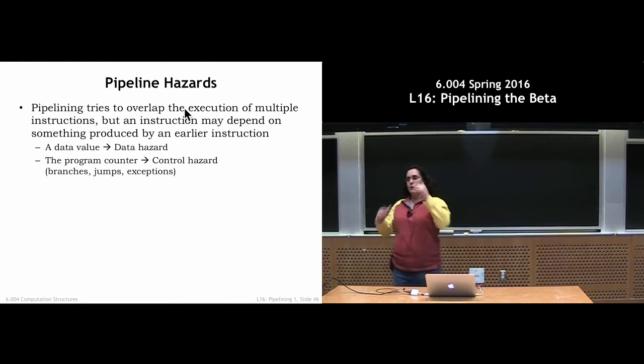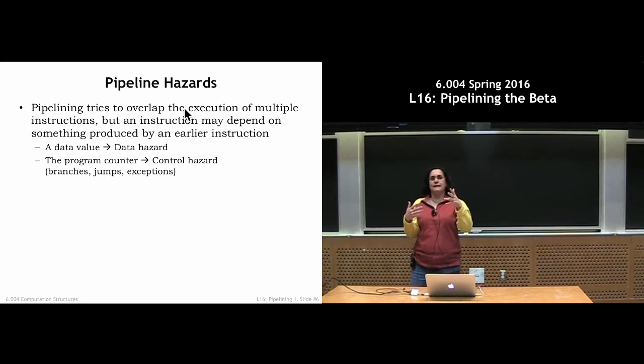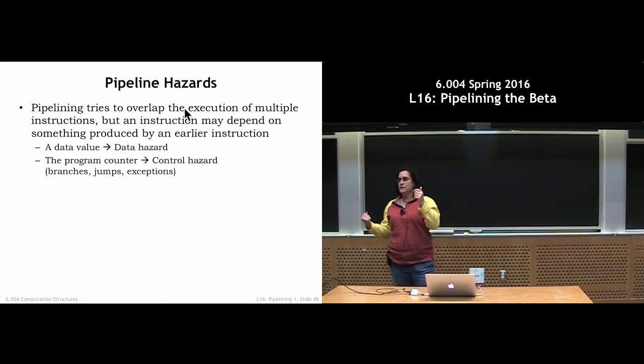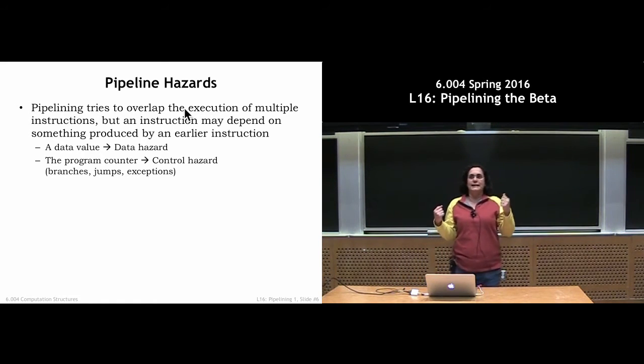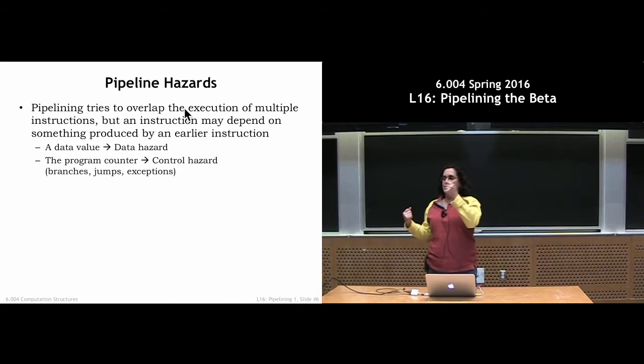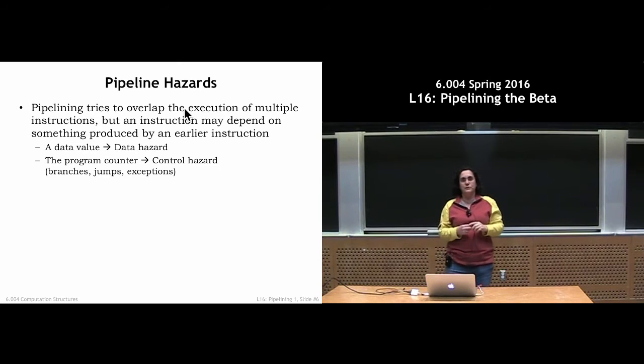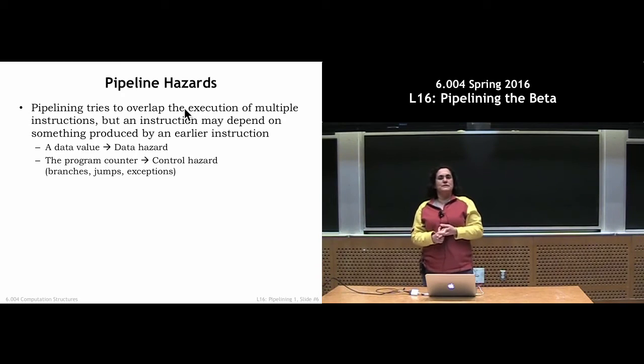Well, if they're both in the pipeline at the same time, then instruction number 1 hasn't yet had a chance to write its results into the register file. And so this is what we call a data hazard, where if you were to read R2 in instruction 2 from the register file, you would be reading the wrong value because it's not the most up-to-date value of R2. Okay, so that's what we're going to learn how to deal with today.